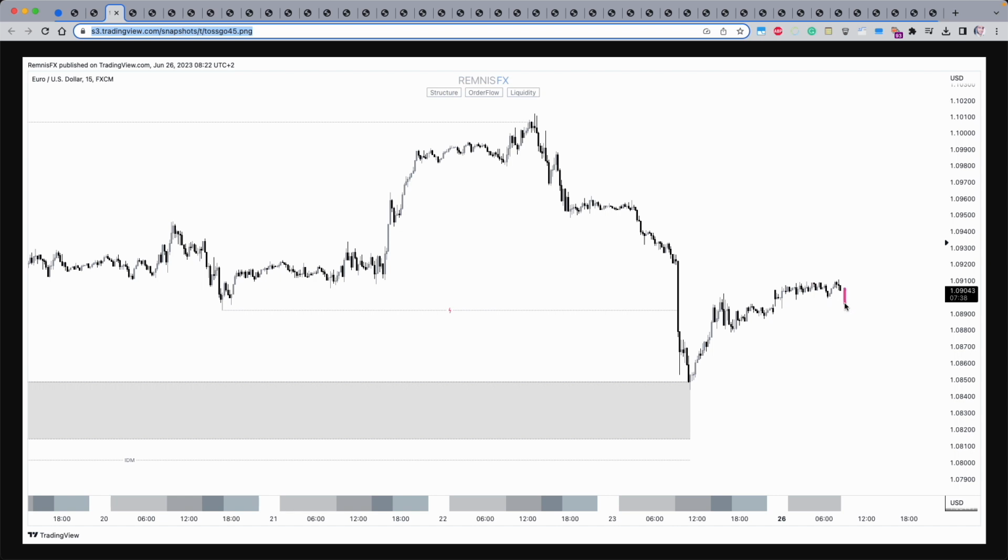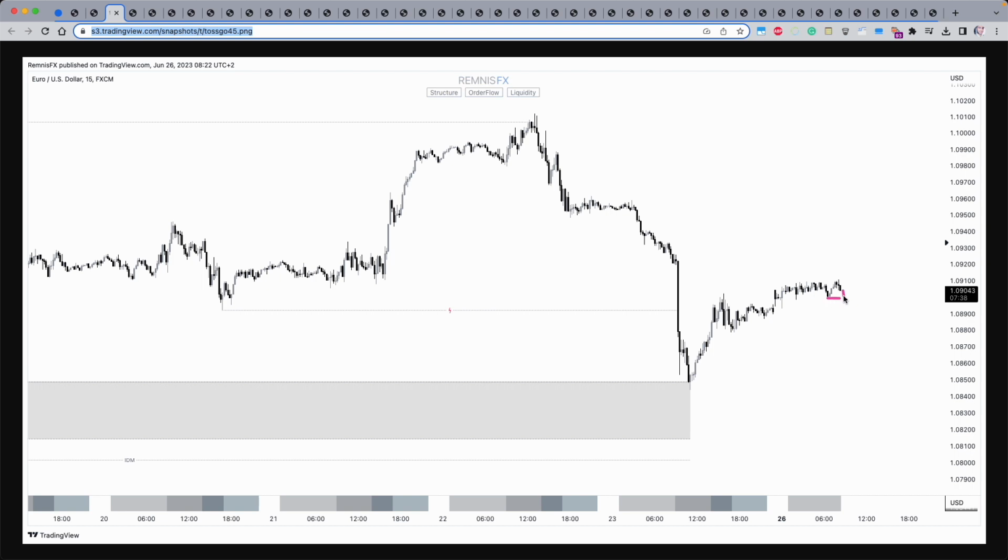At least I thought, let's see if the London session may push the price lower and take out this low. While coming down and taking out that low, will it create liquidity within this leg or not?